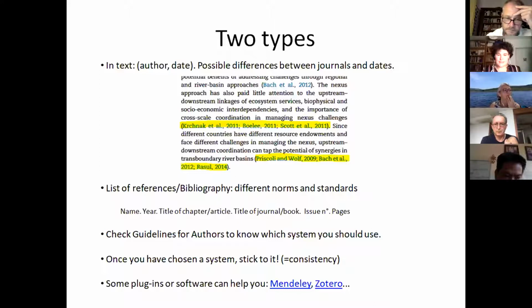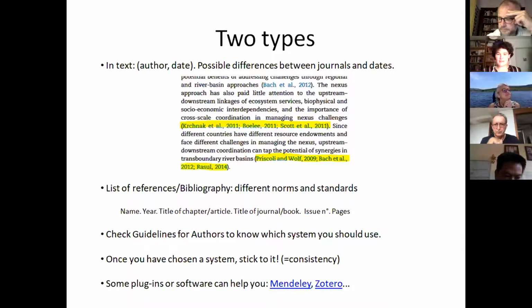Something interesting to know is that there are plugins or specific software that can help you manage your references and your bibliography. Sometimes you can simply retrieve the citation, the reference, put it in one of these plugins or software, and then they order the references according to the guidelines.